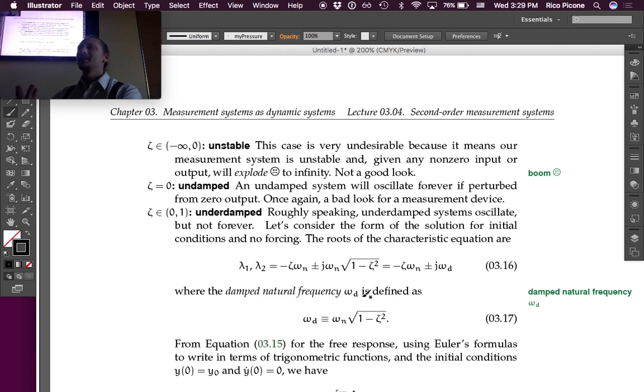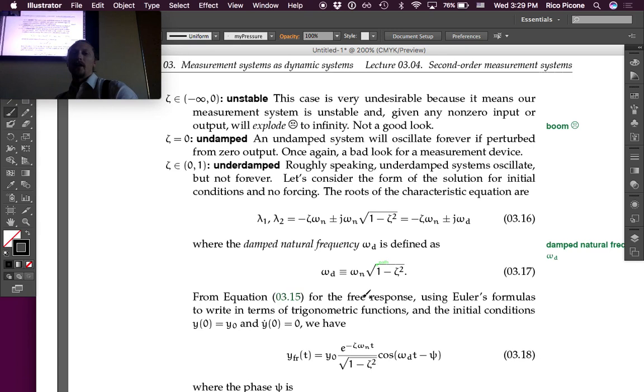Good for some things, not good for measurement. So we're also going to assume that if you have an undamped measurement system, unless you're doing something very specific with it, you're probably not going to be using that for your measurement system. So we're going to focus on the other three cases, okay?